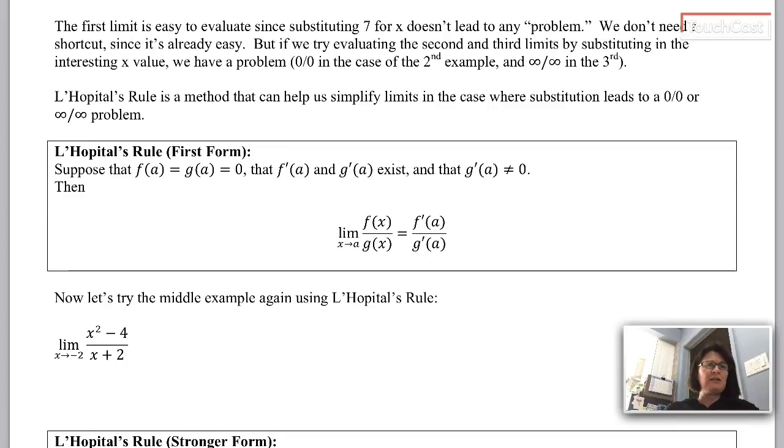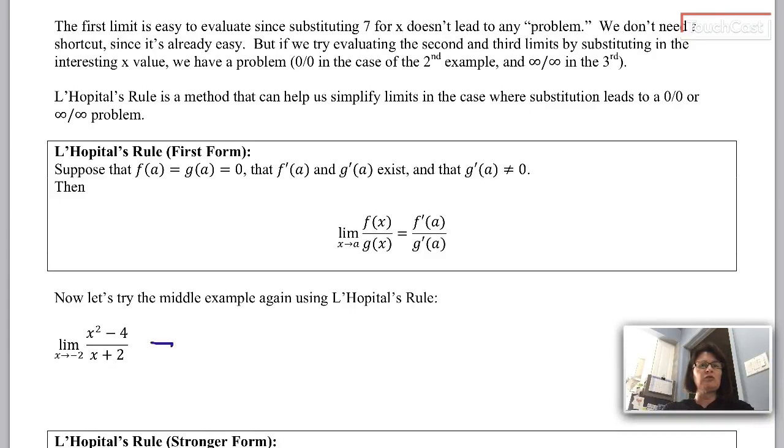So try that middle example. We're going to use L'Hopital's rule. If I want to substitute in -2 for x, I'm going to get 4 minus 4, 0, over -2 plus 2, 0. So instead, I'm going to find the derivative.